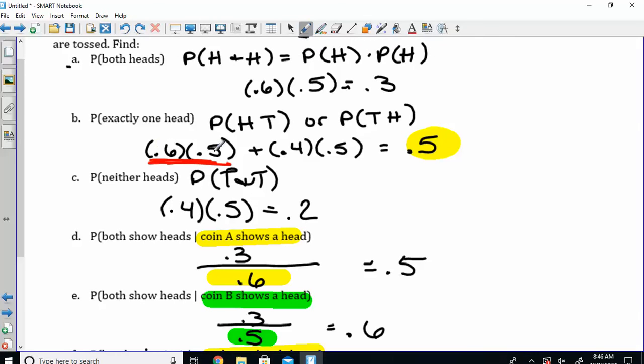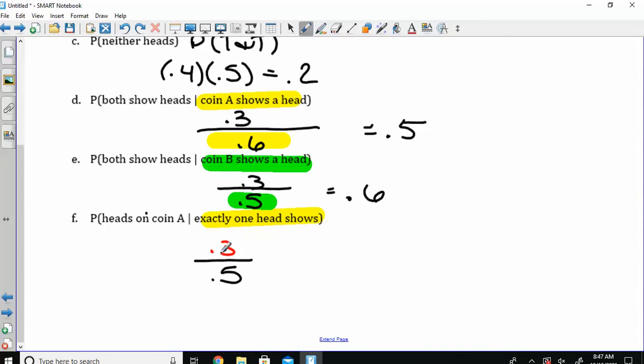So if coin A is a heads, that means coin B is tails. So that was what we found right here. Heads on A, tails on B. So that was 0.3. So that comes out to be 0.6. So that last conditional there did require a little more thought than the others.